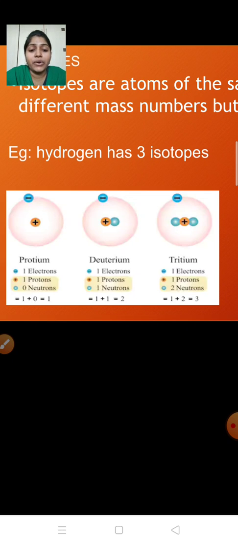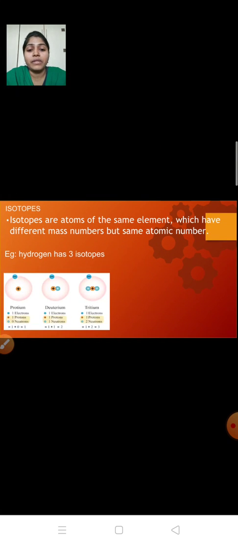The second, deuterium, has same number of electrons 1, same number of protons 1 and this has 1 neutron. So the mass number becomes 2. The third hydrogen is tritium. It has same number of electrons and protons, that is 1, and the number of neutrons changes, that is 2. So mass number is 3. So we have H1, H2, H3. These are the three isotopic forms of hydrogen.